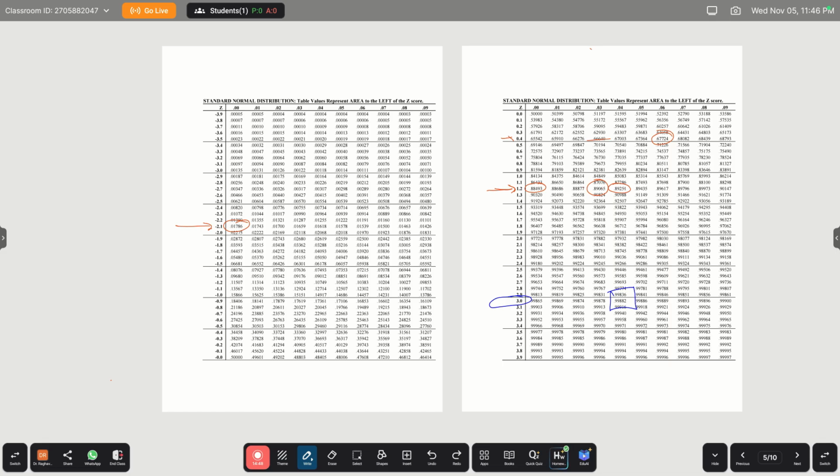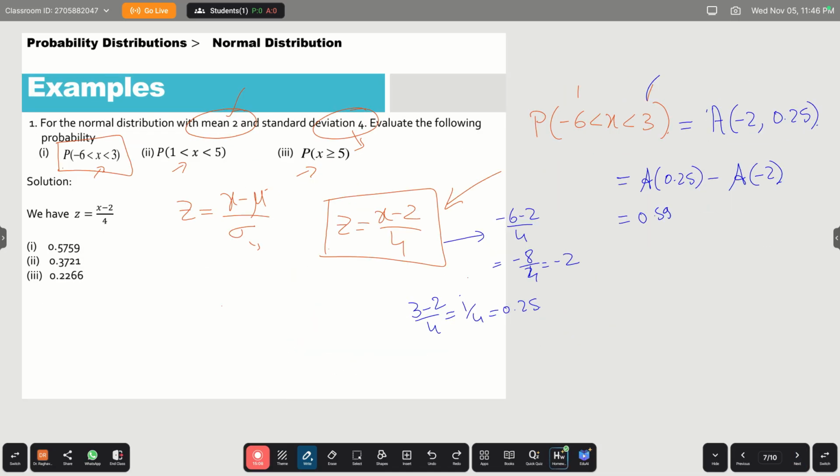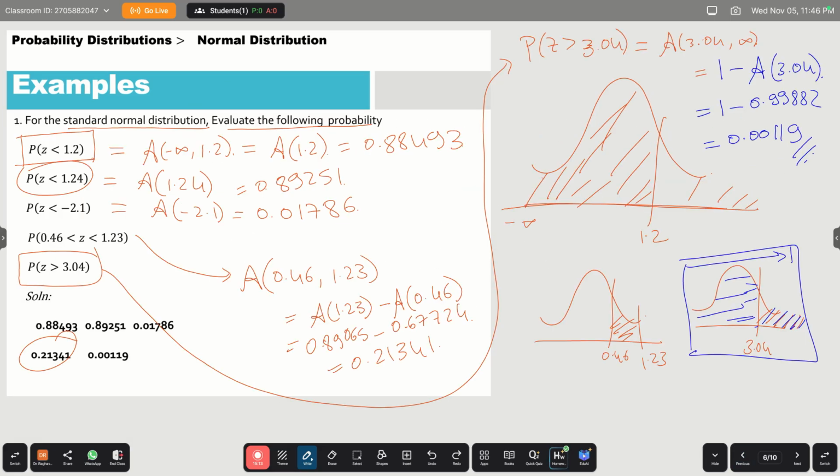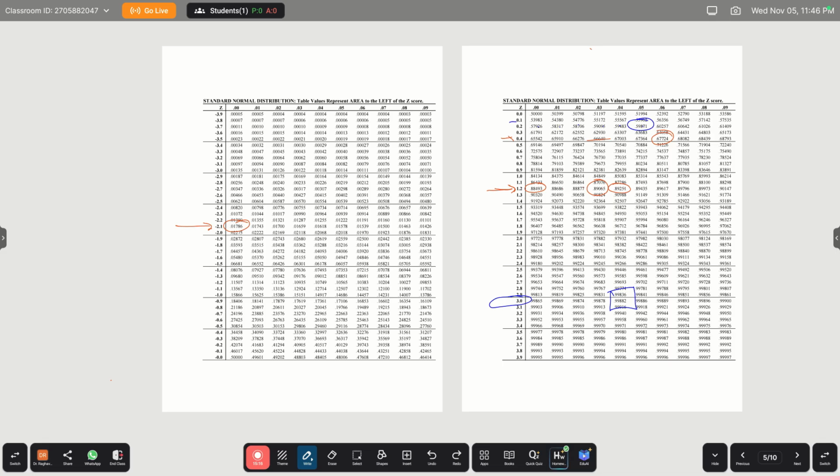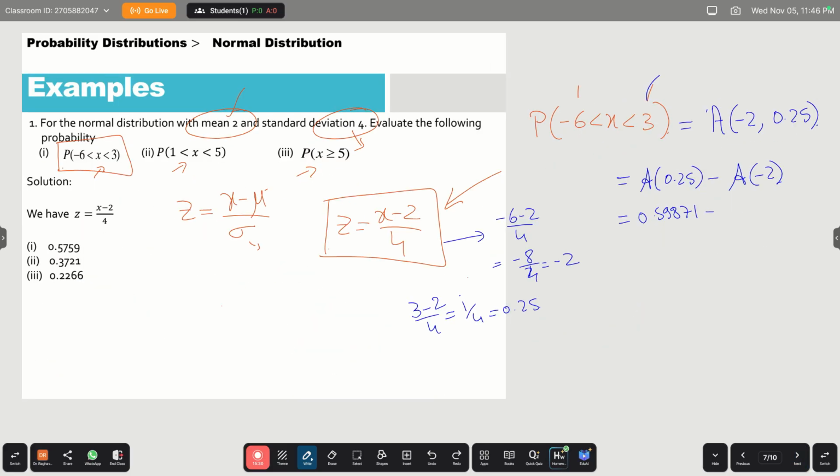That you can check very easily in the table: 0.59871. Minus the area up to -2, which is 0.2275. If you subtract, you will get 0.5759.